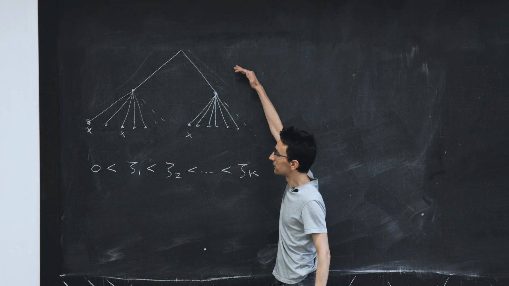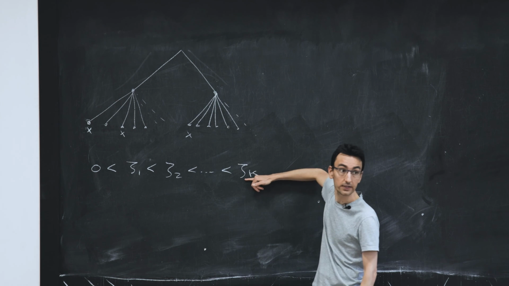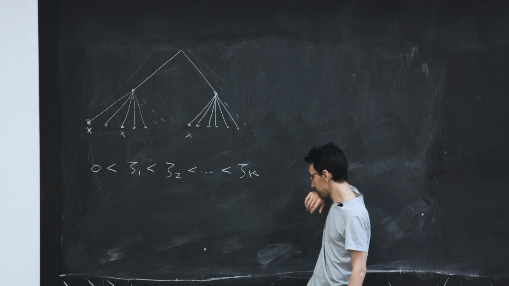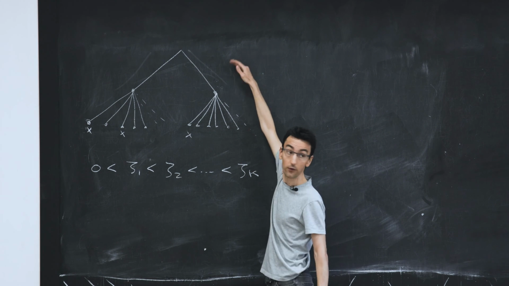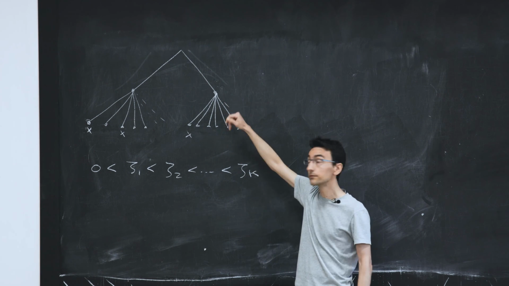Let's say I choose a capital K of them, and in my head capital K is large. It's going to be the number of iterations of this thing that we do.